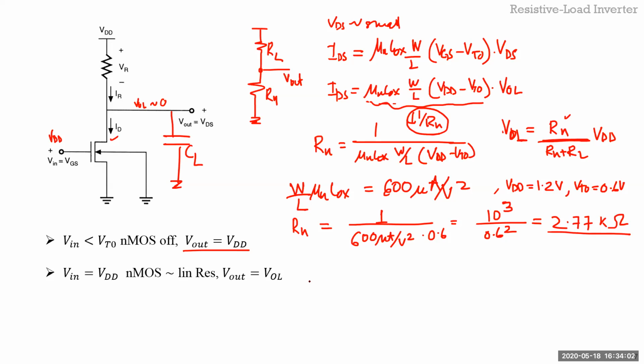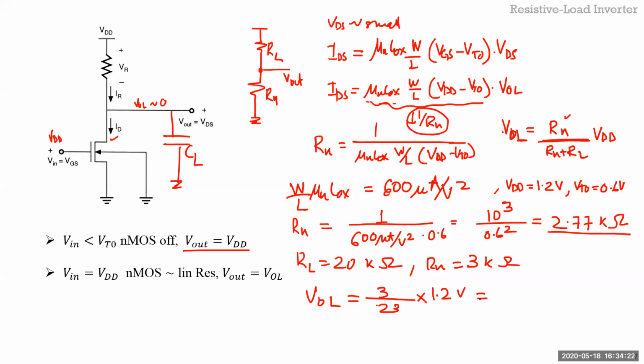So now let's take the load, let's say to be 20 kilo ohms. And so Rn, I'm just going to approximate to 3 kilo ohms. So VOL is equal to 3 over 23 times VDD, which is 1.2 volts, which is 1.2 times 3 divided by 23 equals to 0.15, approximately 0.15 volts. Okay.